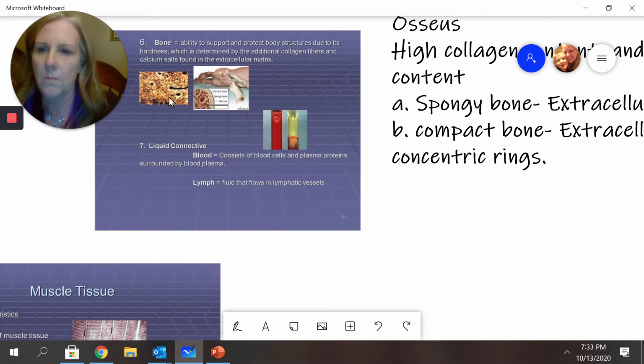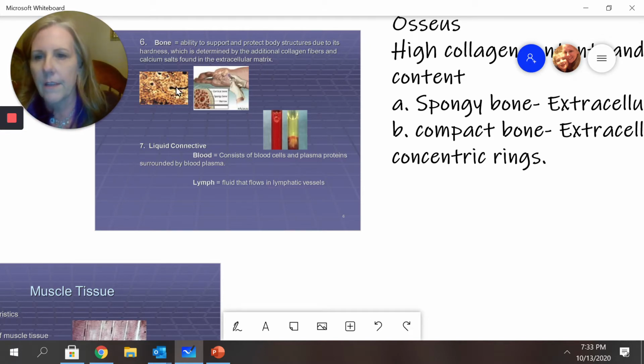Compact bone is made up of these concentric rings, and one concentric ring, going from here to here, has a name. Do you remember the name? It's called an osteon. So hopefully you got that right. They're made up of osteons, one osteon right next to each other. This particular slide is showing a cross section, but if we saw it elongated, it would look like a bunch of straws all together.